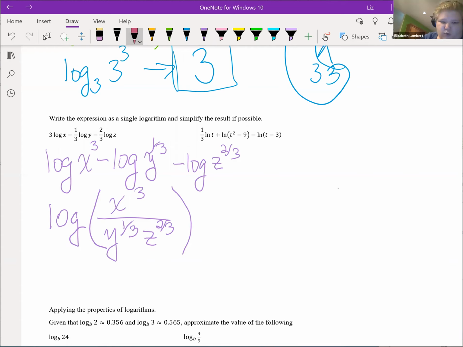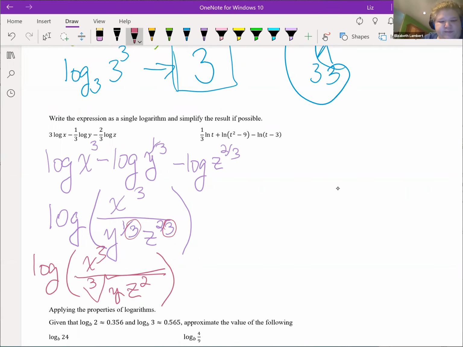But if we were going to figure out the fully proper Alex answer, the divide by 3's in the exponents become the cube root, and then it would be y z squared. And this is why I say the previous one is better.